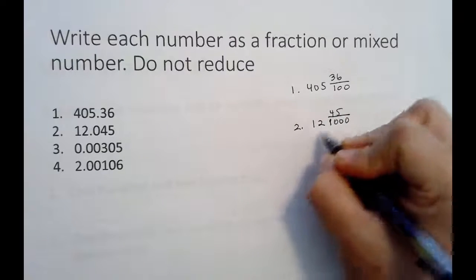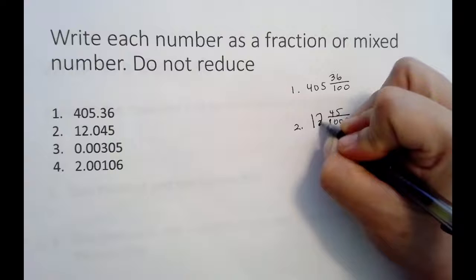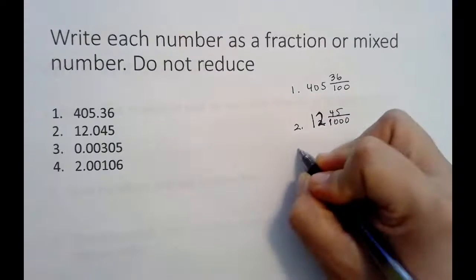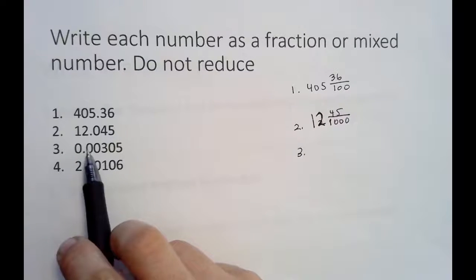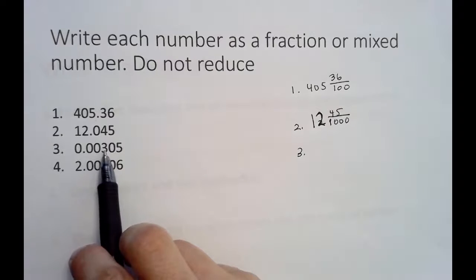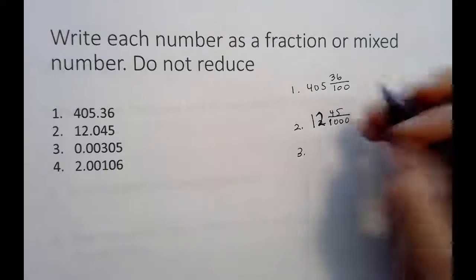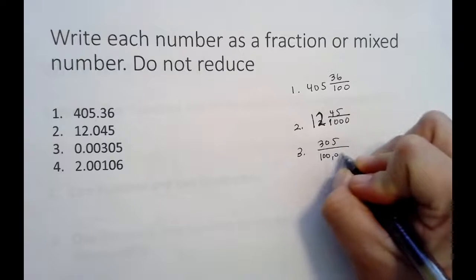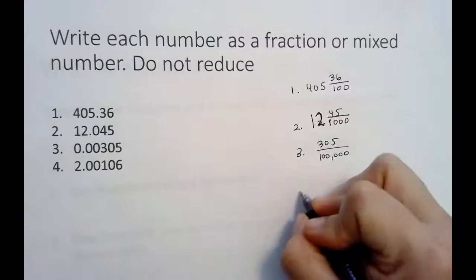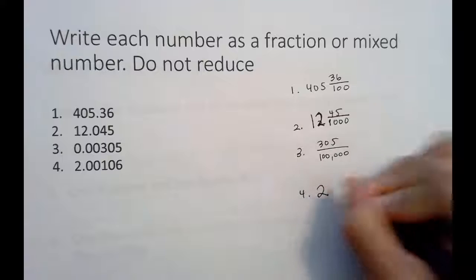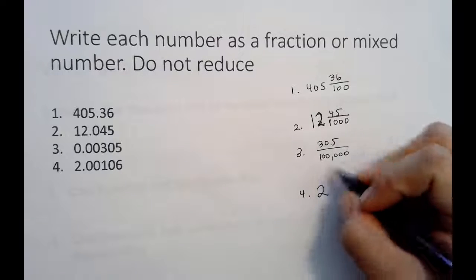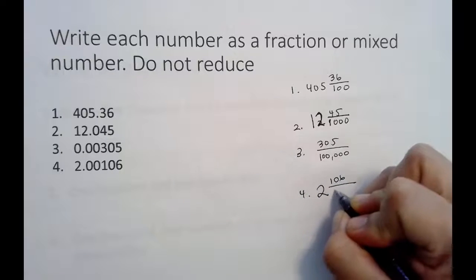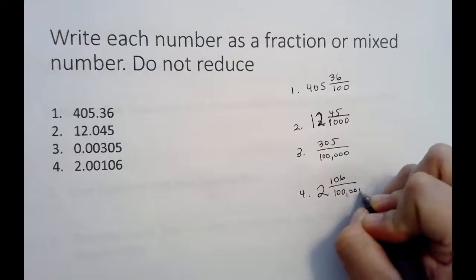This is a bigger 12, sorry. Mixed number looks like this. And then number 3 is just tenths, hundredths, thousandths, 10,000ths, 100,000ths. So it's 305 hundred thousandths. And then number 4 is 2 and 106 hundred thousandths.